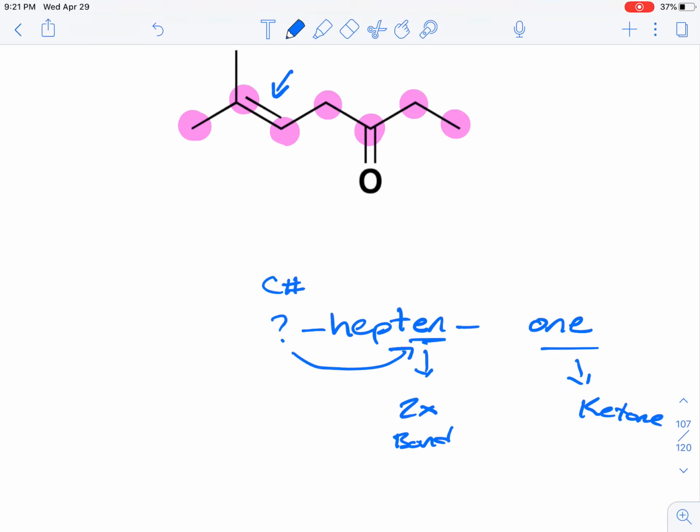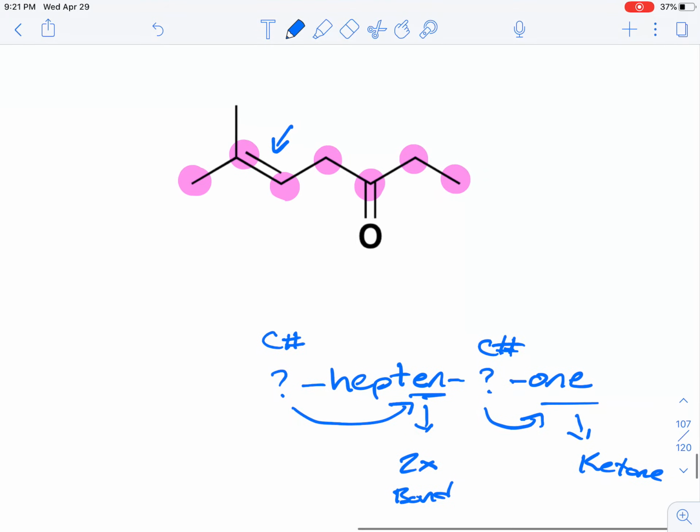And I'm going to separate the en and the one by adding another number. And this number, this carbon number, is going to describe the position of the ketone. And so recall that for ketones, we want our carbonyl carbon to have our lowest carbon number. So the only way that's possible is to go from right to left. 1, 2, 3, 4, 5, 6, and 7.